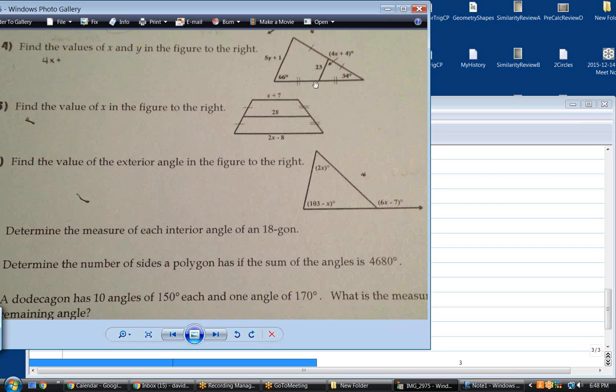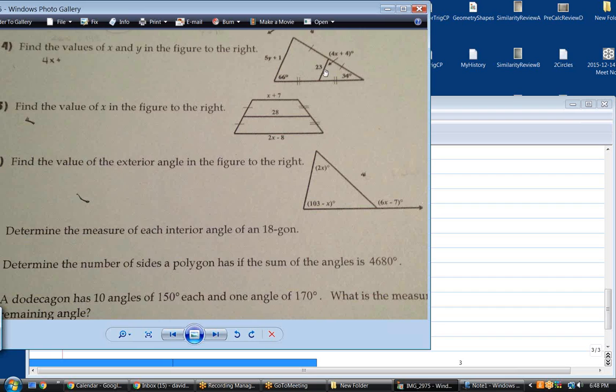It bisects this side so that that's equal to that, and it bisects this side so that that's equal to that. And furthermore, that makes that line parallel to this line, by definition. If that's a midsegment bisecting both sides, then it is parallel to the base of that triangle. That's the base.